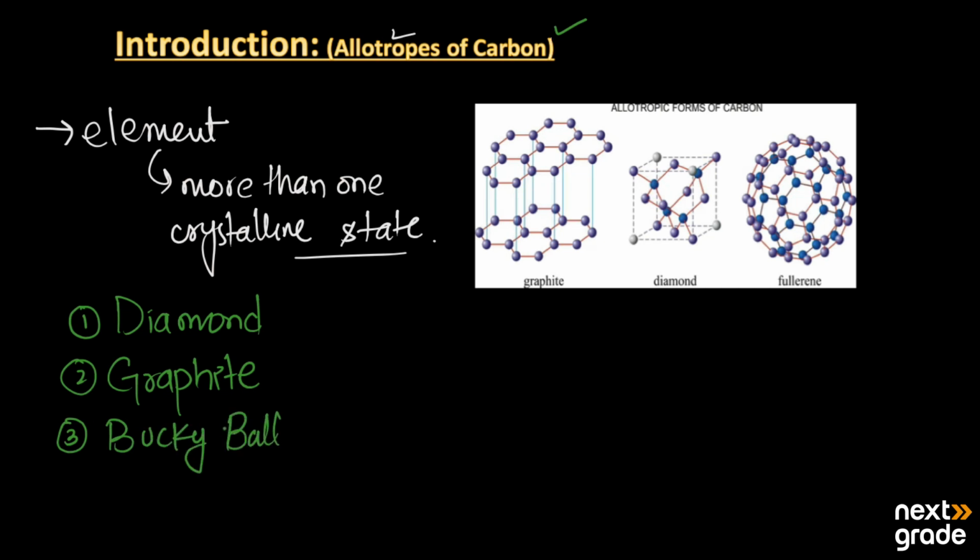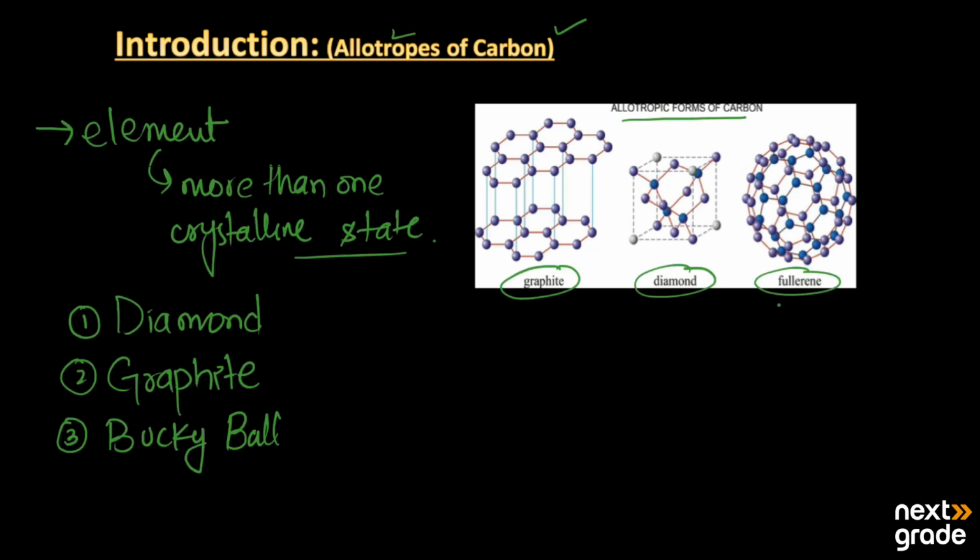So let's discuss that one by one. Here you can see the allotropic forms of carbon. This is the structure of diamond, this is the structure of graphite, and this is the structure of fullerenes. You can say that, in simple words, buckyball has a hollow sphere structure.